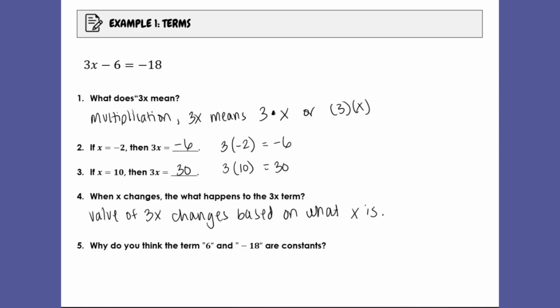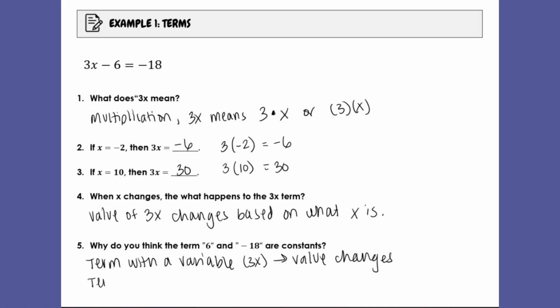So then question 5 is asking you essentially, why do you think the terms 6 and -18 are called constants, right? It's something that we labeled before. Again, a constant means a number that doesn't change. So in a nutshell, if you have a term with a variable like 3x, your value is going to change.